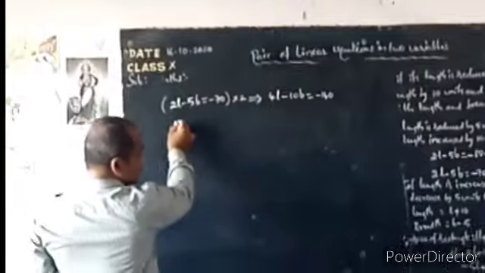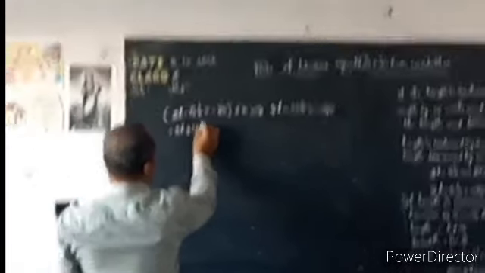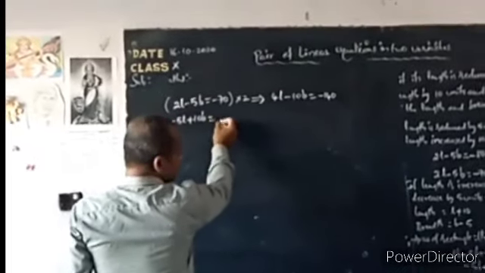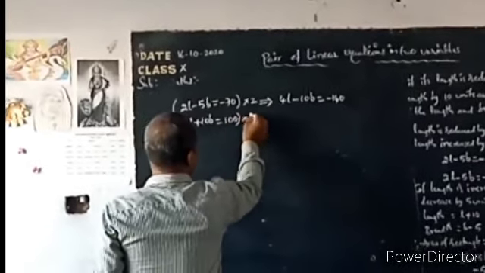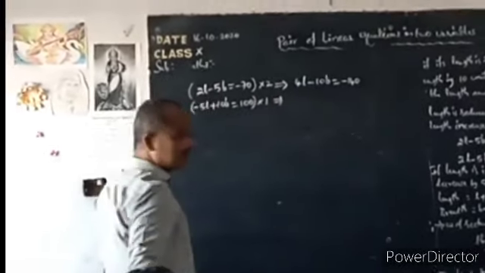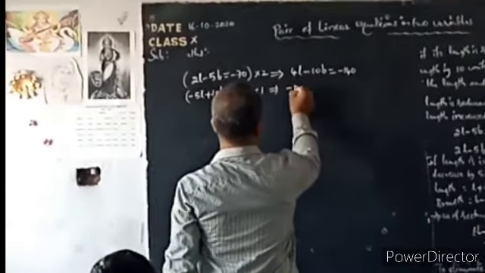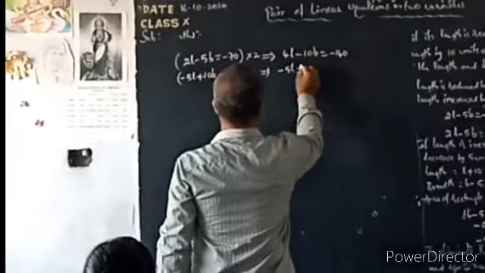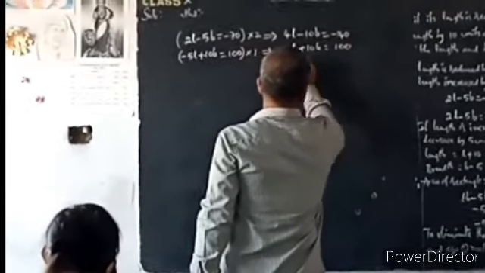Okay na? Now equation 2, minus 5L plus 10B is equals to 100 into 1. Into 1 nothing will change. Again we are getting the same equation as it is. Minus 5L plus 10B is equals to 100.